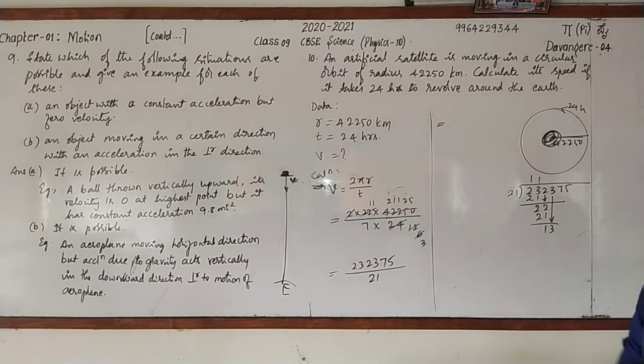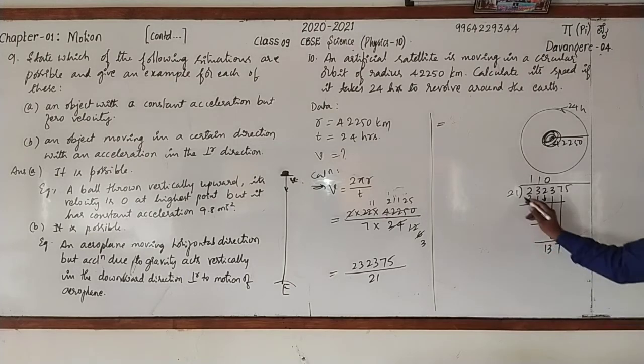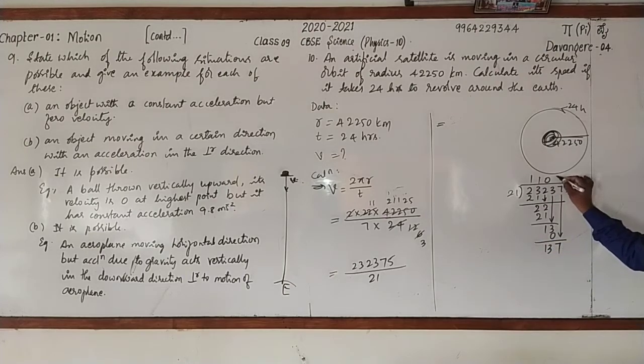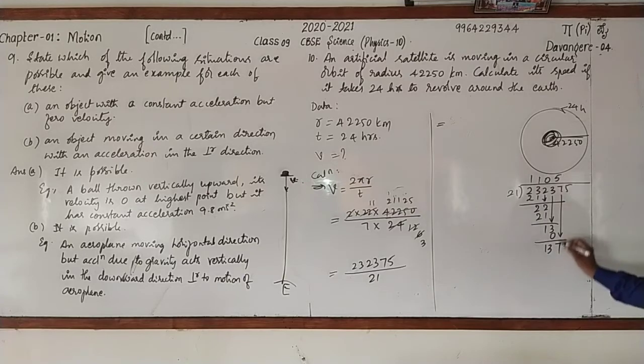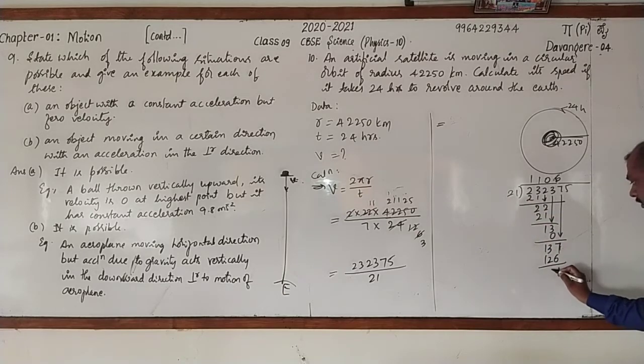Carry down 3. So 21 zeros are 0. Then 13. Carry down 7. 137. 21 fives are 105. 21 sixes are 126. Then it is 1.